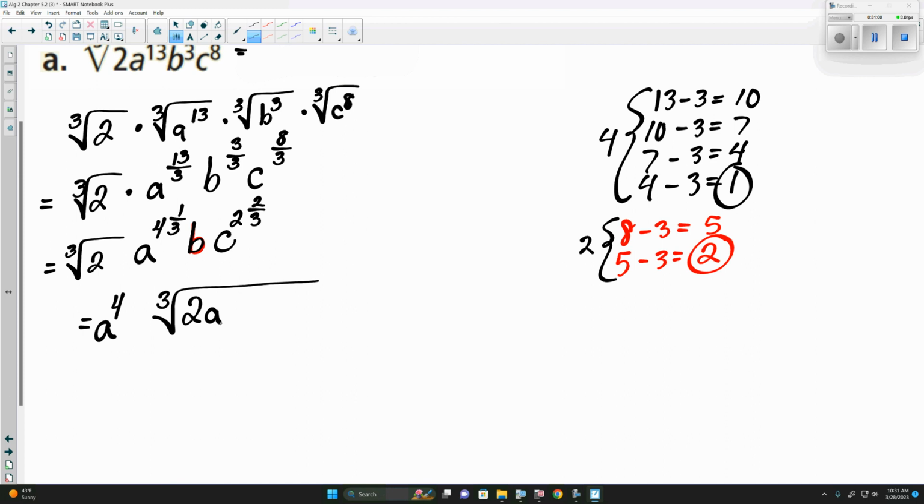The 1 is the exponent, the 3 is the root. B, 1 b comes out. Since it was a whole number, none of them stay inside the radical. And lastly, C, how many come out? How many stay in? And that's it there. Any questions on any of this here?